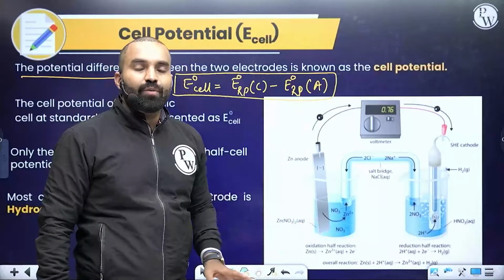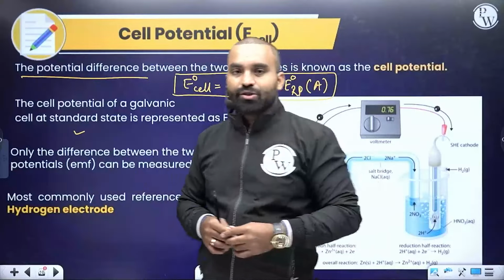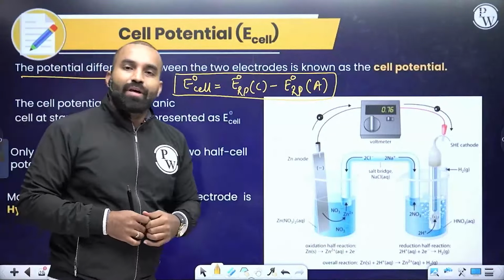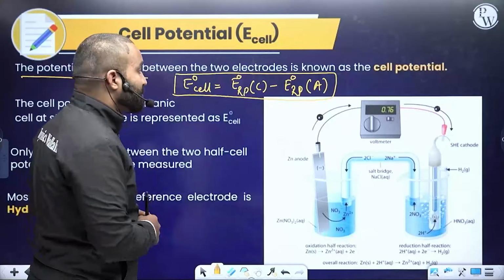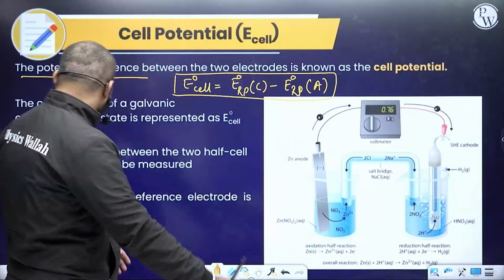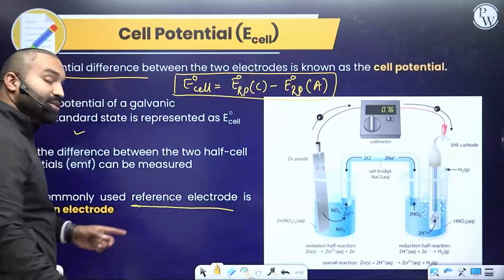Pressure is also according to STP. If there is a gas involved, for example in SHE, we use the standard hydrogen electrode with HCl solution and hydrogen gas, then the hydrogen gas temperature and pressure, everything, has to be maintained properly. So this is most commonly the reference electrode, the name makes sense now?